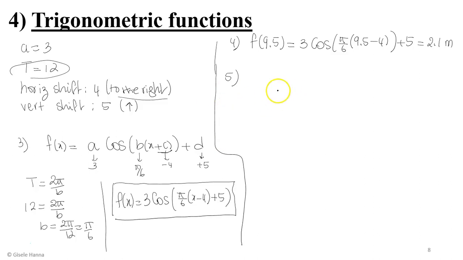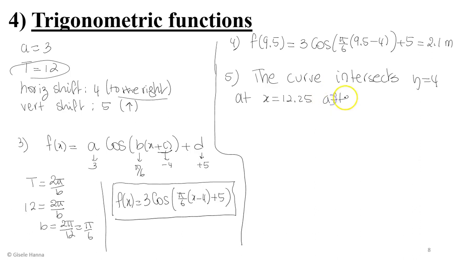So over here, you could say that the curve intersects y equals 4 at x equals 12.25, to differentiate between the abscissa and the time itself, after x equals 10.